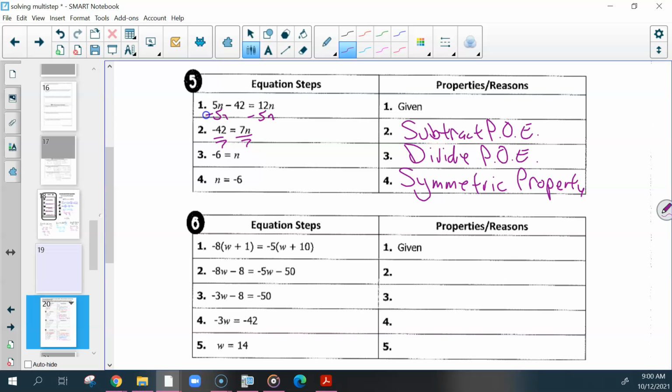And that last one was supposed to be symmetric property. They just took n equals -6 and they switched the position of it to show you that it doesn't matter which way you write it. They're both the same thing. Do we have any questions on number 5?